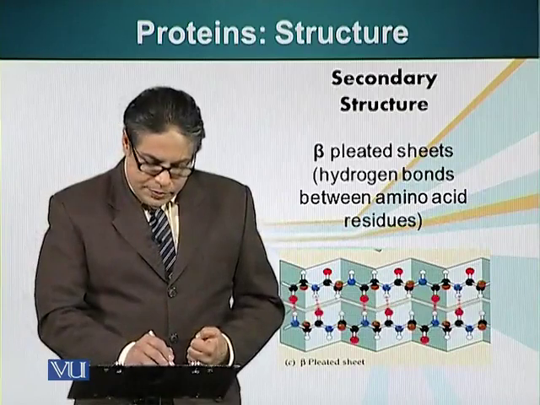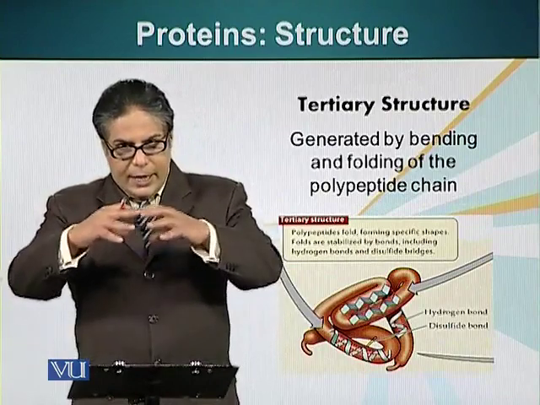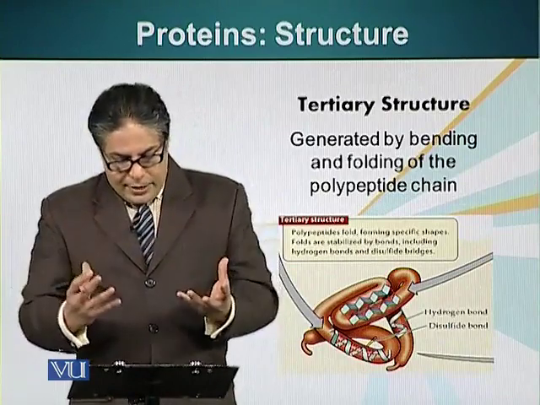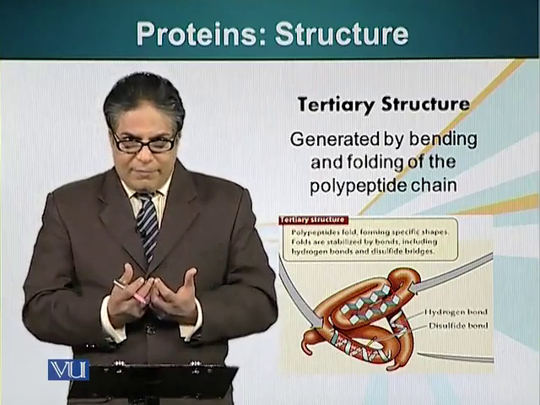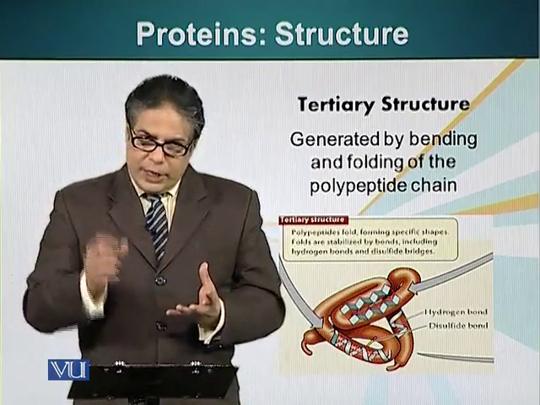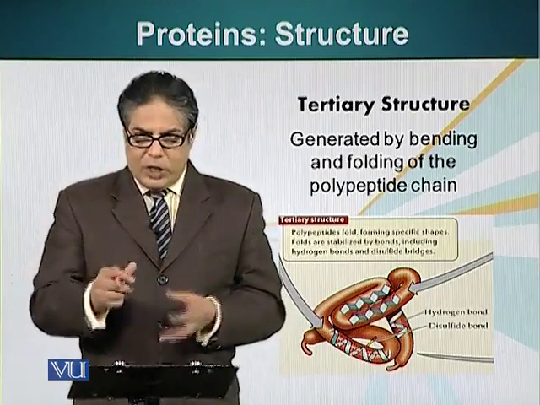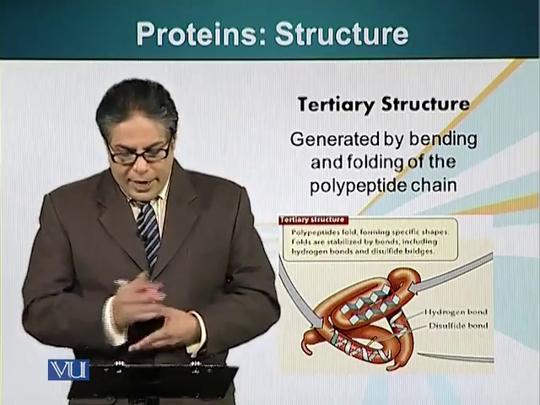Tertiary structure basically is the manner in which the whole protein folds upon itself. This tertiary structure can have smaller domains which are composed of secondary structures, alpha helices or beta sheets.